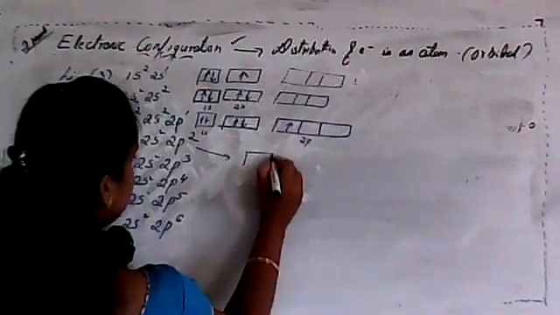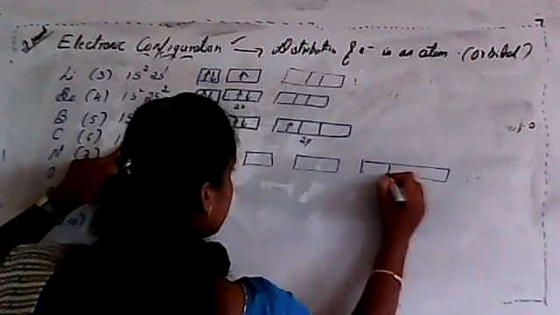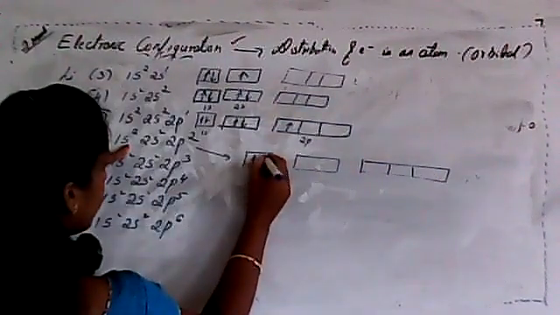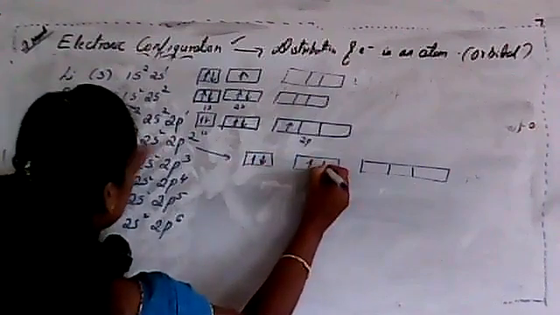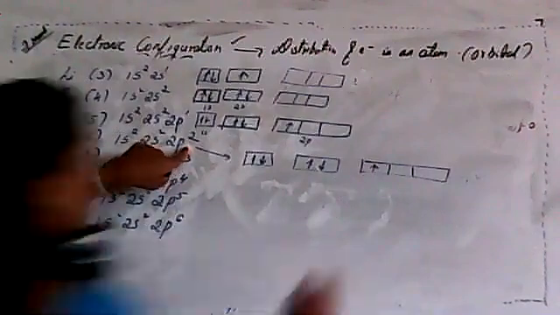So this is 1s, 2s, and this is 2p. Now the electrons: 2 electrons, 1, 2, and this is 2. According to Hund's rule, you have to fill like this.